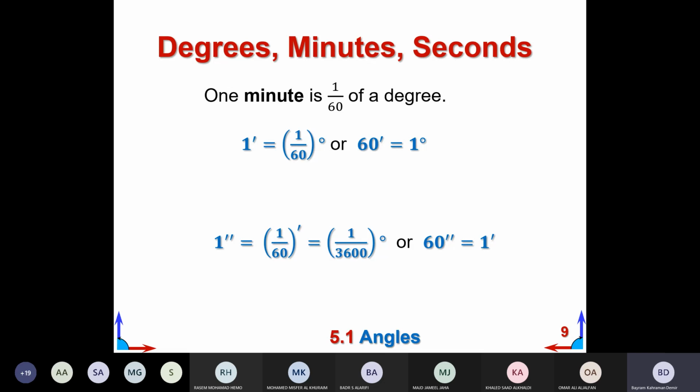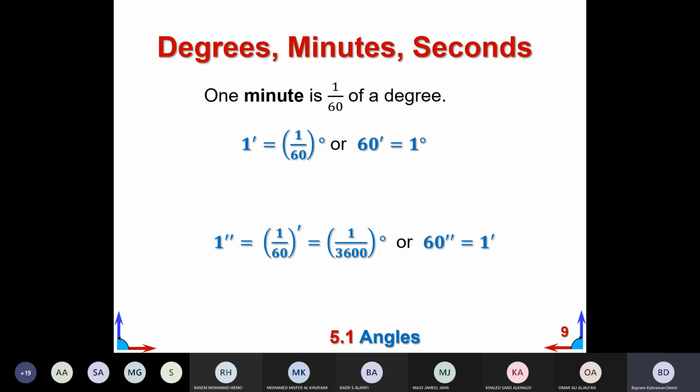So for angles, we use the same names, minutes and seconds, for very small angles. Imagine how small 1 degree already is. It is already quite a small angle. Now just divide the 1 degree by 60. Each part will be 1 minute of angle.